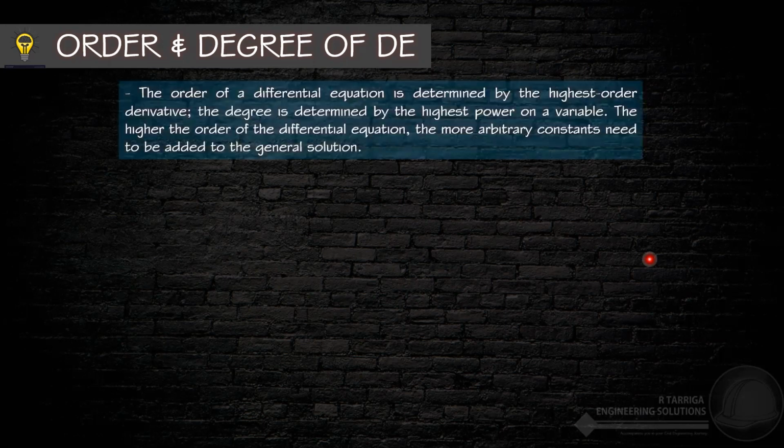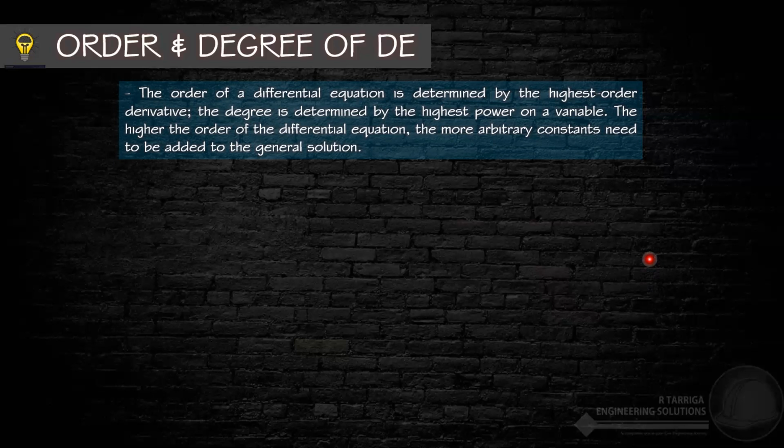Okay? So how do you know its order and degree of a certain differential equation? Okay. So it is said that the order of a differential equation is determined by the highest order derivative. Okay? And the degree is determined by the highest power on a variable. Okay? So the higher the order of a differential equation, the more arbitrary constants need to be added to the solution. Okay. So, syempre, suppose we have an equation of y double prime, or the second derivative, plus something again.